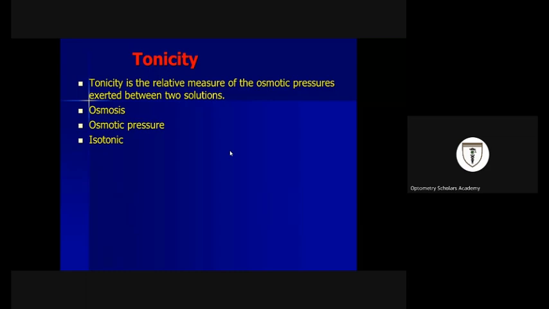So the tonicity of that medium is the concentration of that salt in that water.